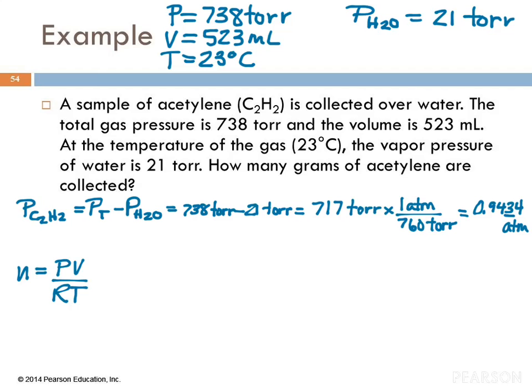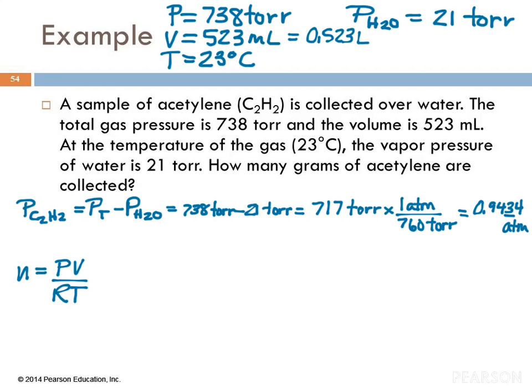It should have 3 sig figs, right? Go ahead and keep an extra. You can keep 2 if you want. Volume is in milliliters. Is milliliters the good unit? No, it isn't. We need to convert milliliters to liters. So 0.523 liters, dividing by 1,000.